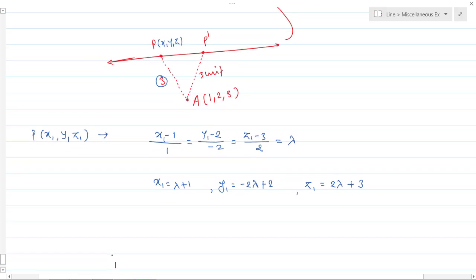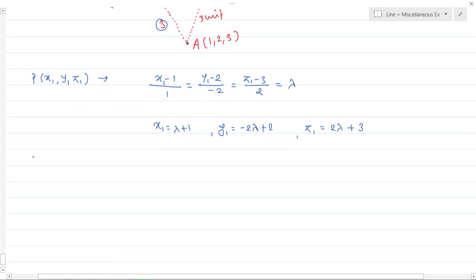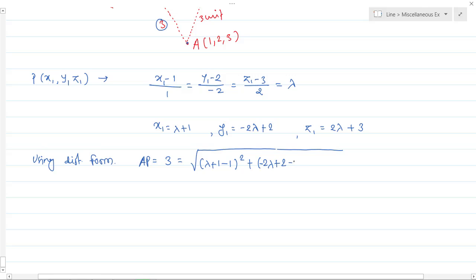So using the distance formula, AP, which equals 3 units, equals the square root of (lambda plus 1 minus 1) whole square plus (minus 2 lambda plus 2 minus 2) whole square plus (2 lambda plus 3 minus 3) whole square.